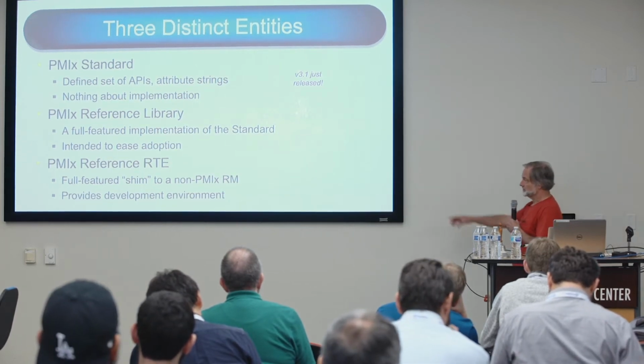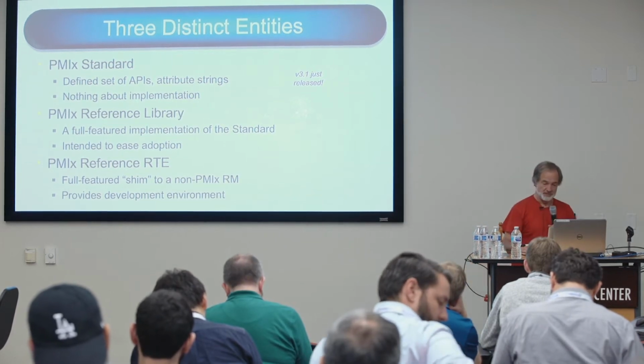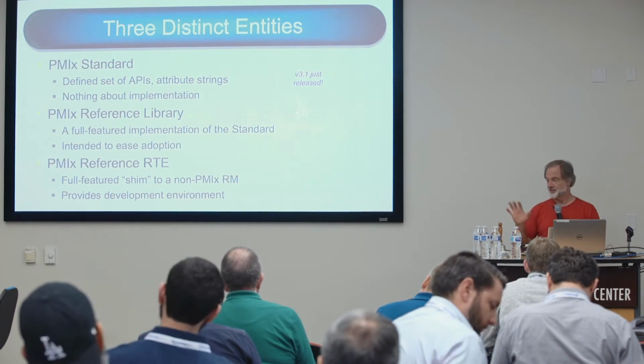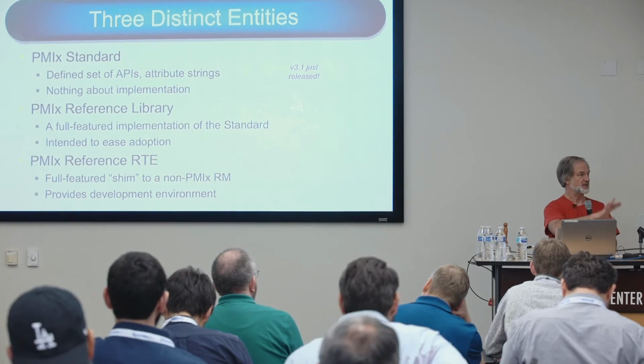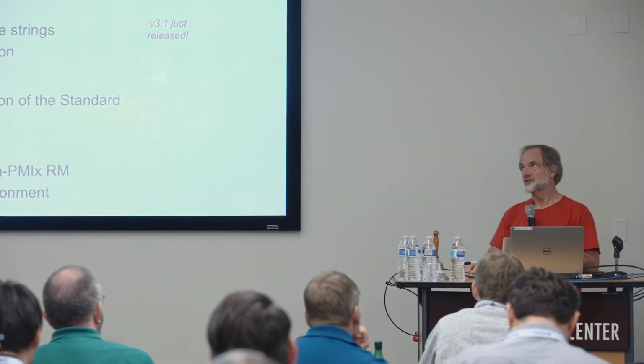And then we created this reference RTE, and we did that because people wanted to develop their codes against PMIx, but it's taking time for PMIx to roll out in all the resource managers. Slurm started 4 years ago now, putting it out there. I think it was 3 years.